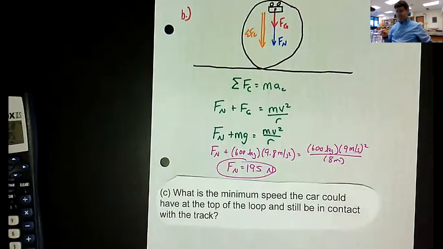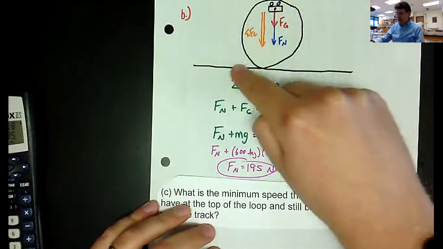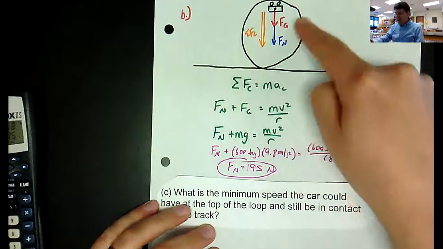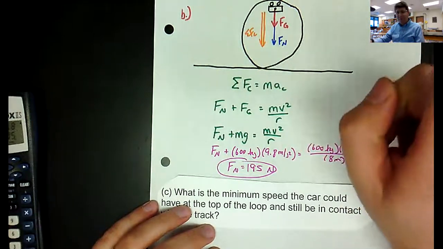If this car is going too slow, and real roller coasters have a way that prevents them from falling off, but assume that this was just a flat track, if this thing wasn't going fast enough, it might get up and fall off. Why would that happen?